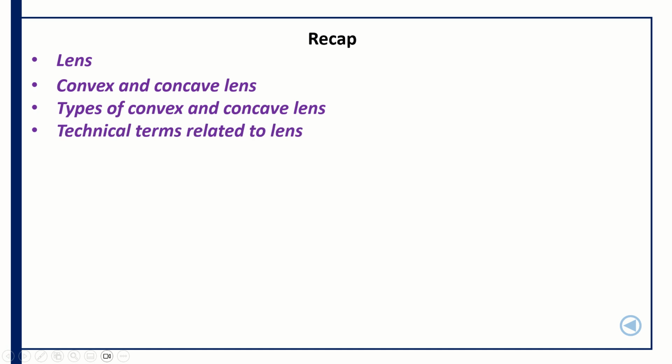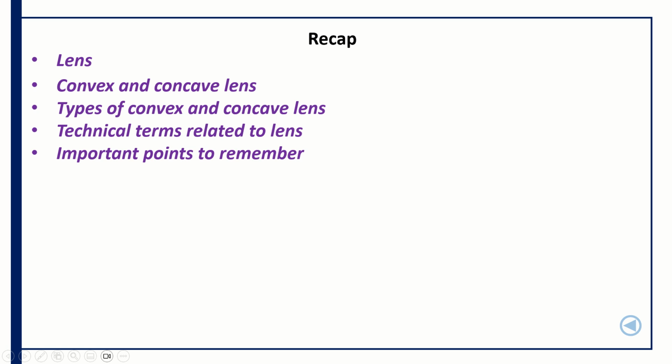Then we learnt some technical terms related to lens, like optical center, radius of curvature, center of curvature, focal points like principal focus, principal axis, secondary focal point, and some other important terms related to lens.